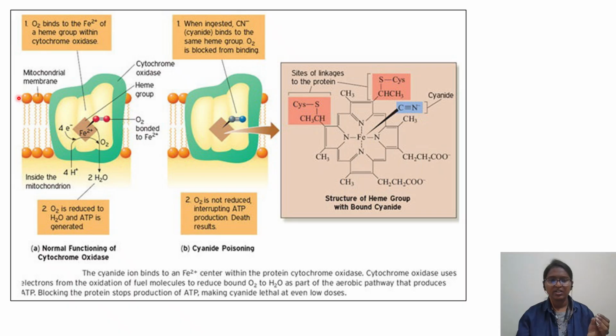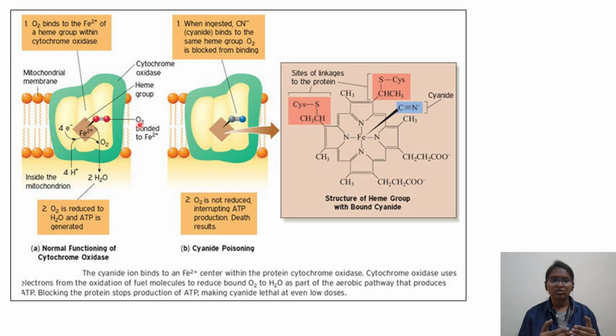All this action takes place in the inner mitochondrial membrane. Mitochondria is where ATP is generated; it's the powerhouse of the cell. In the inner membrane we have complexes, cytochrome 1, 2, 3, 4, and in the cytochrome 4 complex this particular mechanism is happening.